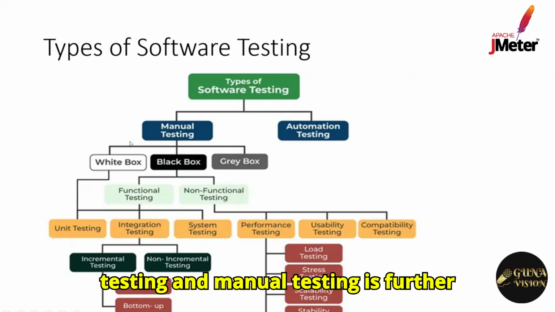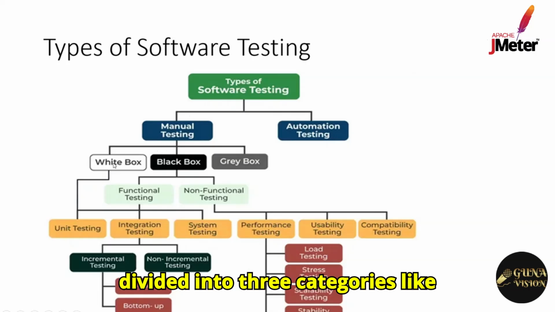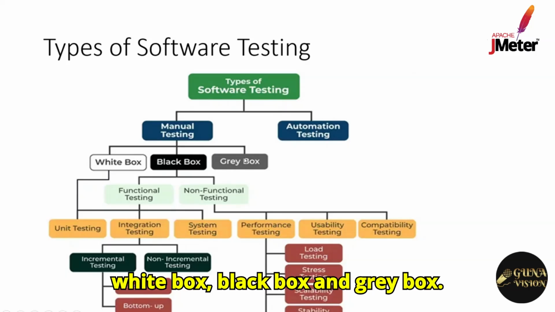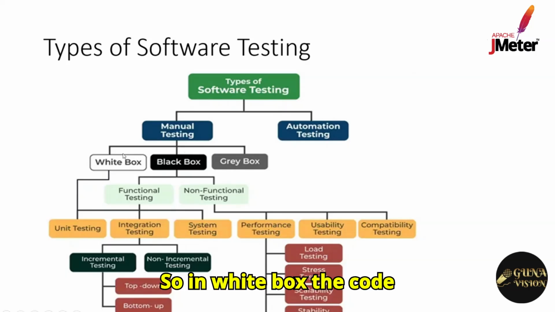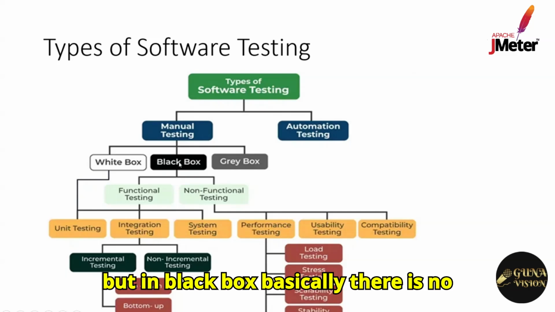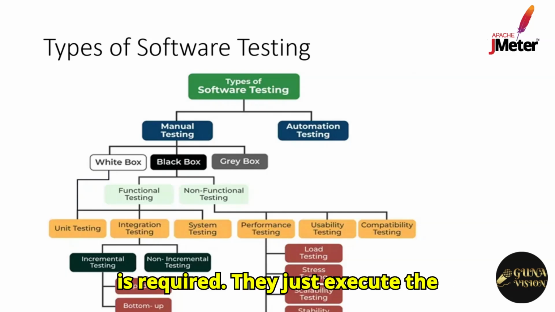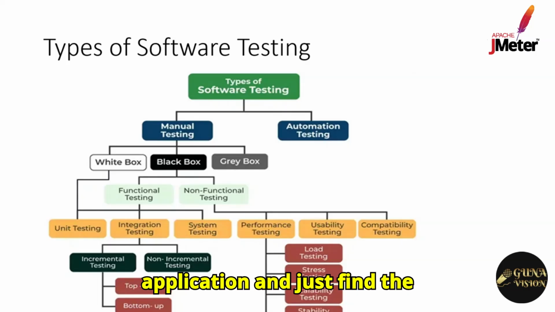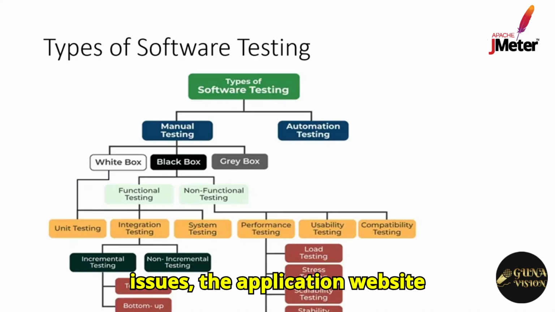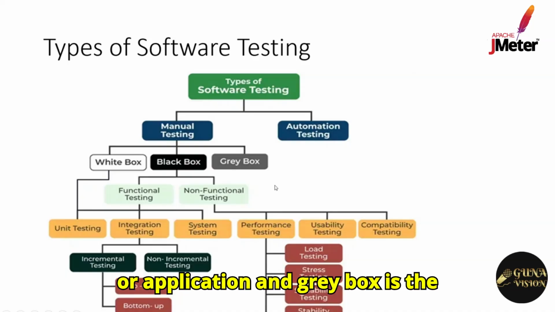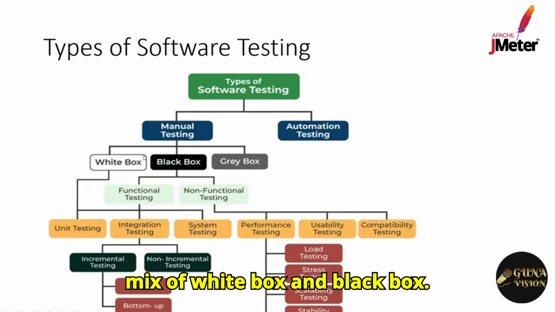Manual testing is further divided into three categories: white box, black box and gray box. In white box, coding knowledge is required, but in black box there is no need for coding knowledge. We just execute the application and find the issues in the website or application. Gray box is a mix of white box and black box.